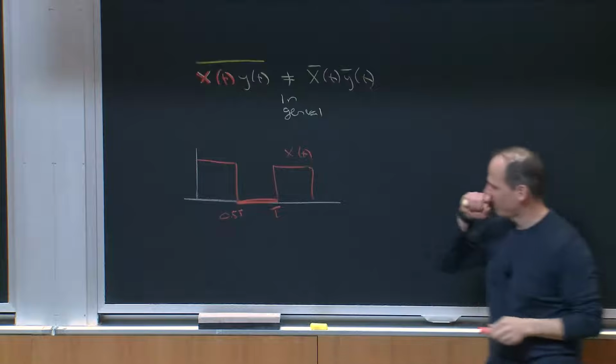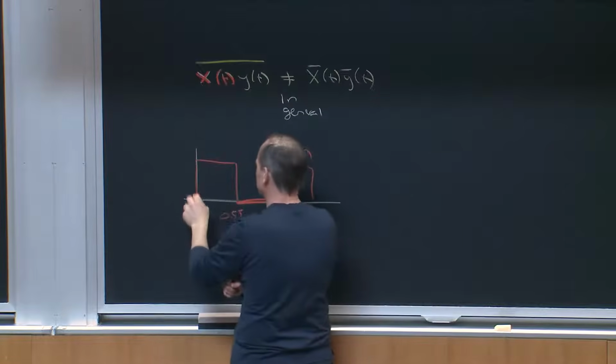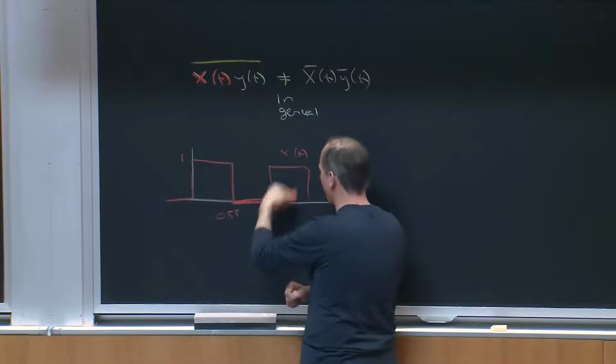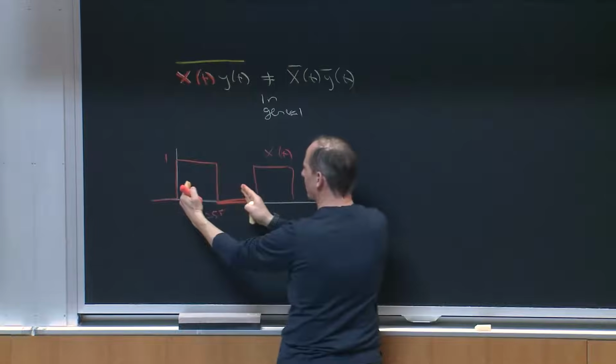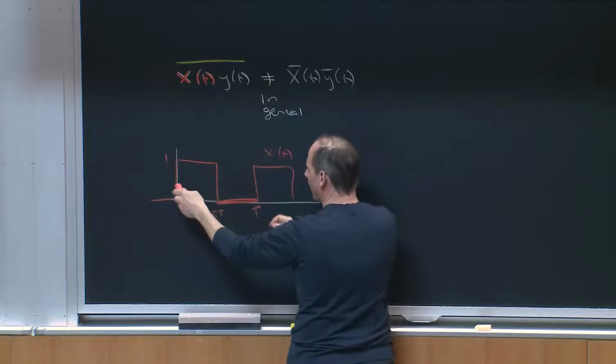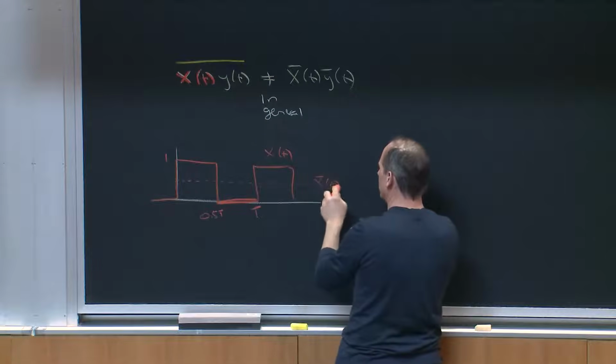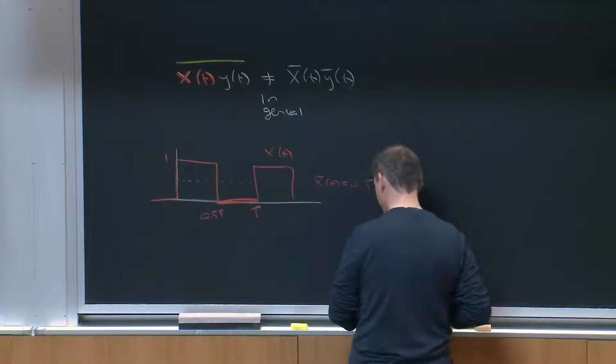What is x bar of t for that signal? Suppose this goes on forever, and this is height 1. It's just going to be half, right? At any given time, if I slide a window over this and I take the average, I've always got it high half the time. So x bar of t is just equal to 0.5.